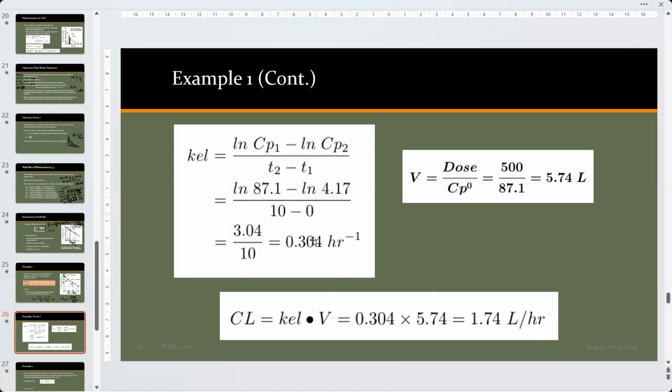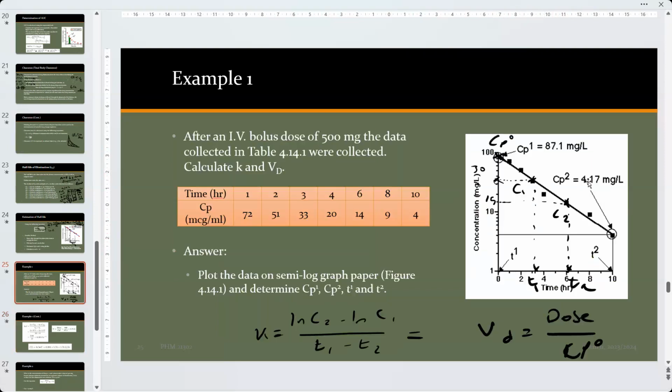Since the time is in hours, then K must be in hour to the power negative 1. Volume of distribution is dose divided by CP naught. So this is CP naught 87.1, and the dose in the problem is 500, so it is 5.74. Why liter? Because the concentrations are in microgram per ml. Microgram per ml actually is equal to, take care, milligram per liter.